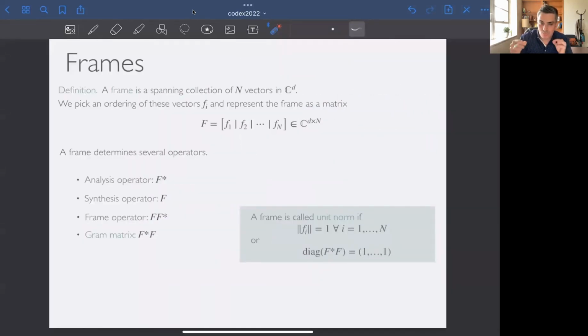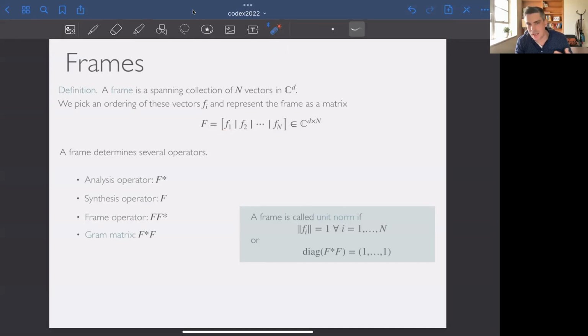Of course, I can do this composition in the other direction, so measurement to signal, then signal to measurement. Then I get what's called the Gram matrix, which is just F star F. Another type of structure that people like to put on frames is to say that all the measurement vectors have the same norm, say they're all unit norm.